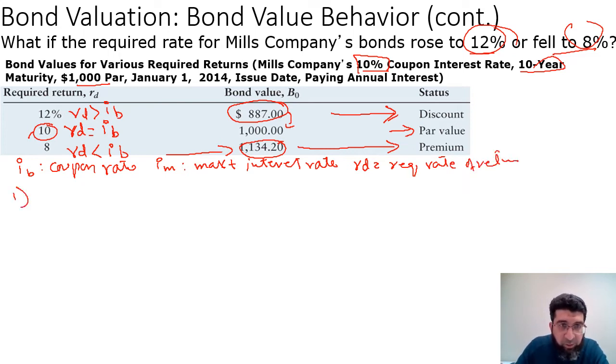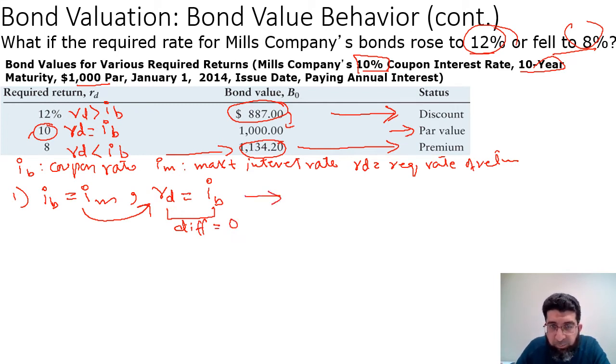Now, the first scenario is the par value, where IB equals IM, the market. If the interest rate of the market equals the coupon rate of the bond, then the expectations are that the bond will pay the same rate. So RD equals IB, and since there is no difference, the bond price will equal the par value, which is $1,000.